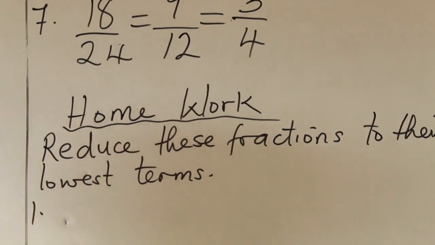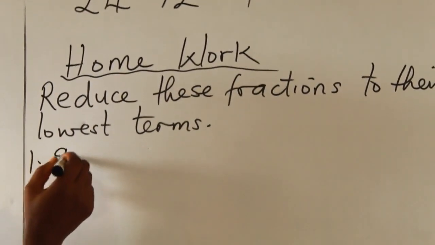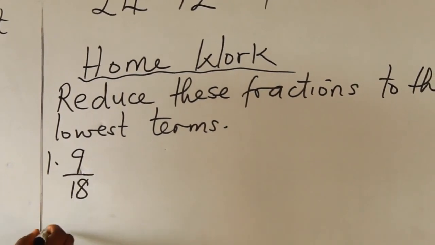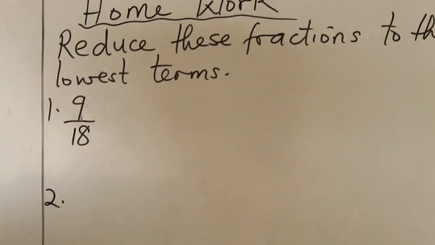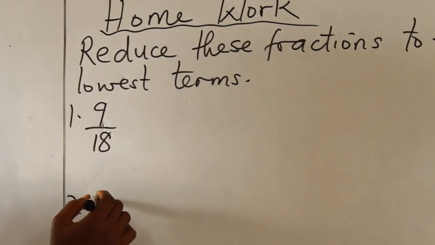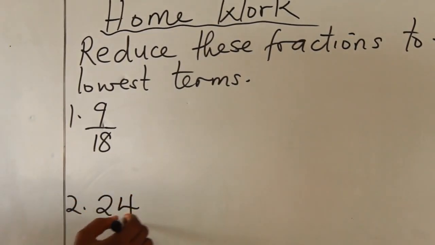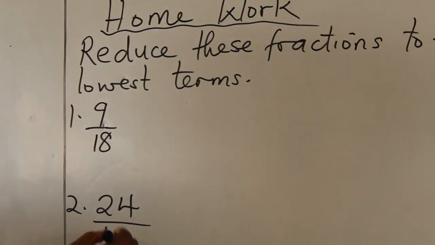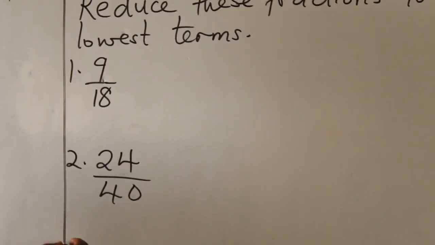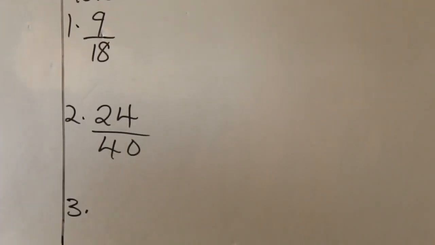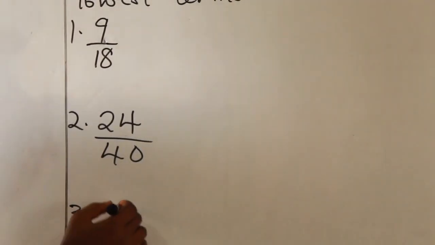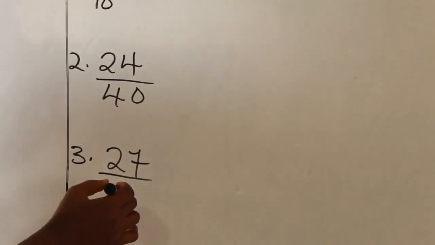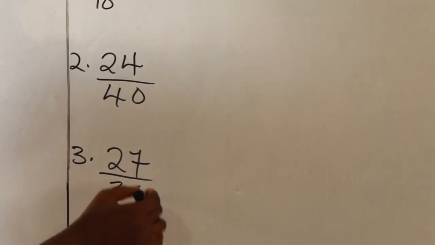Number 1 is 9 over 18. Number 2, 24 over 40. Number 3, we're going to reduce 27 all over 30.